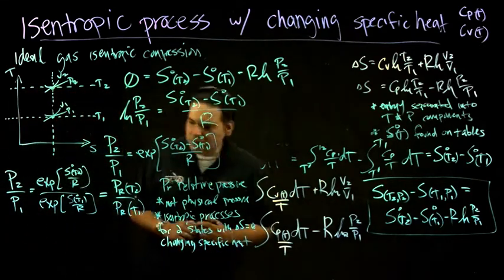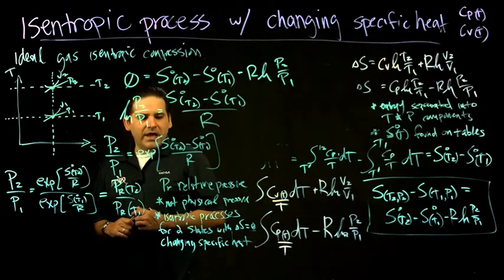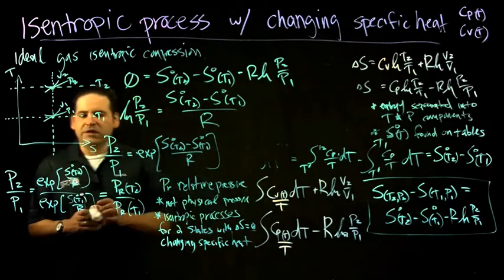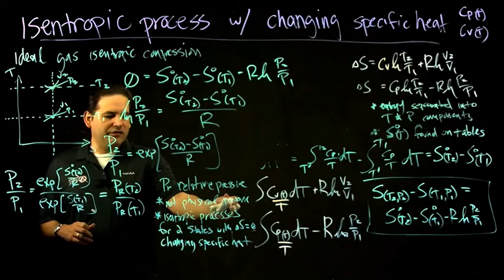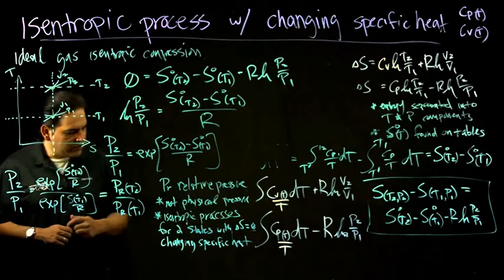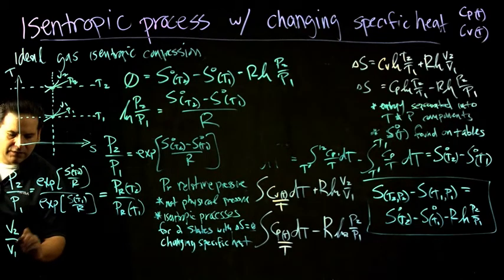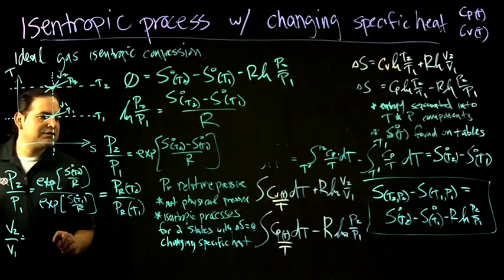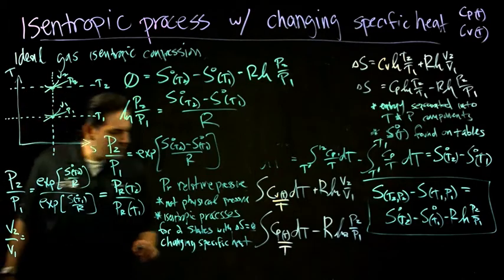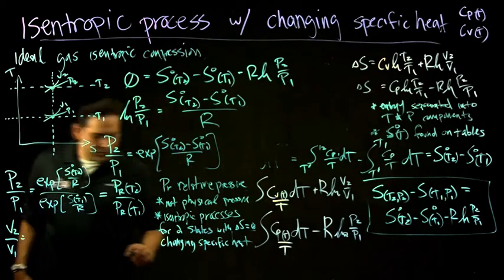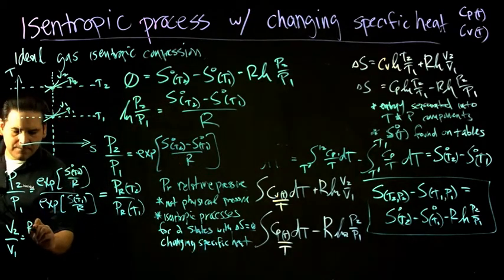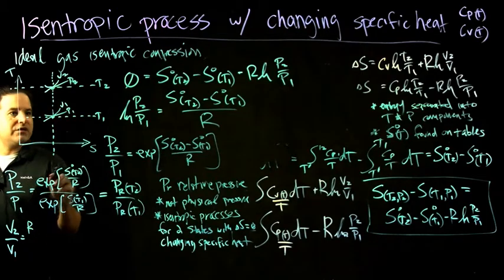Okay, so that is how this relative pressure is defined. You can also use that in terms of volume. Similarly, you can use the ideal gas law to say that, this is all for ideal gas, of course.